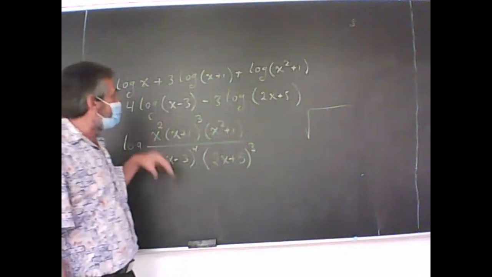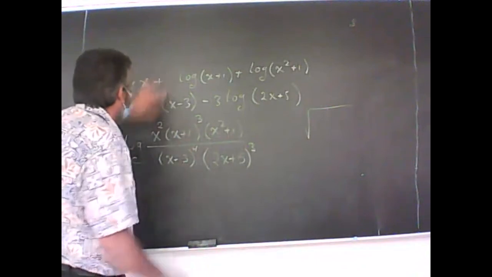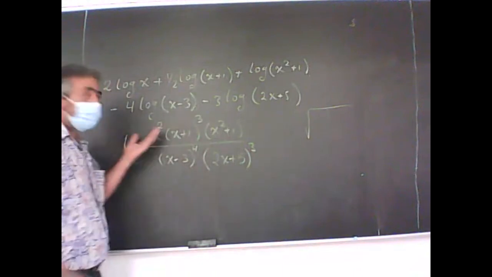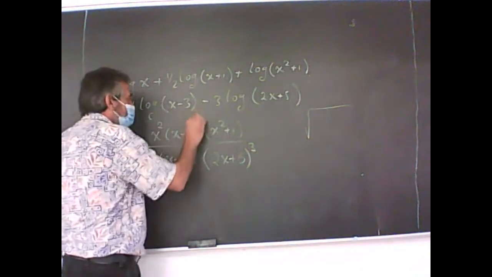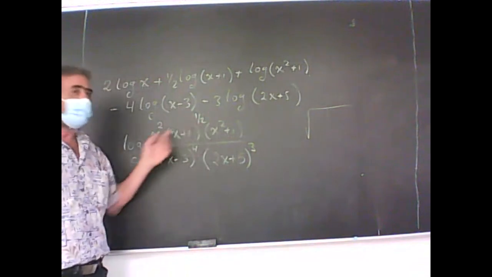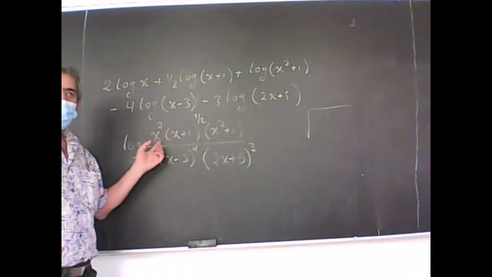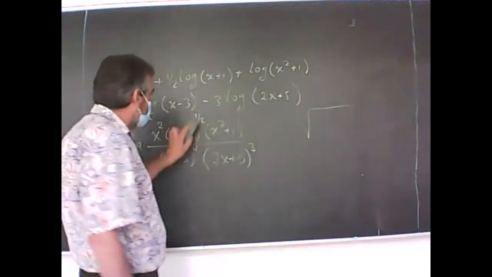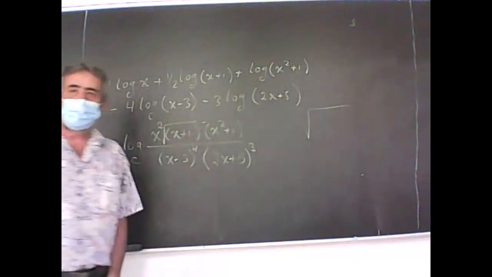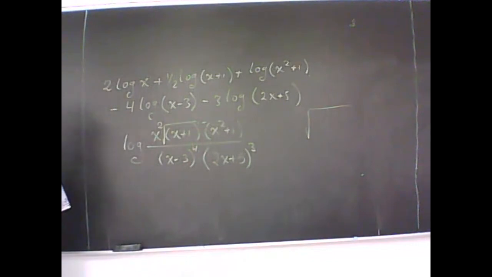Yeah? So for instance, if this happened to be 1/2, does that change anything? Only thing changes, this becomes 1/2. If you recognize 1/2 is the same thing as a square root, yeah, you can take the 1/2 off for the square root.